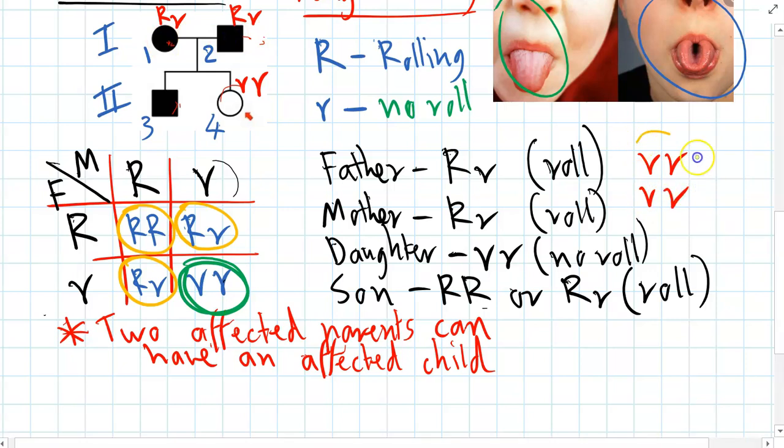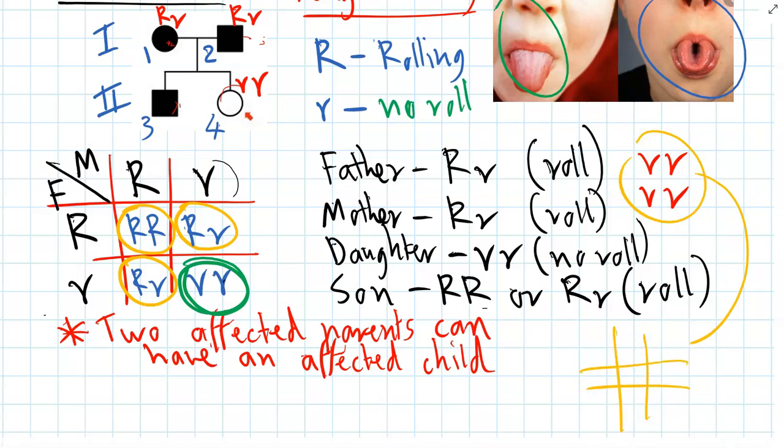And then, if we think about that Punnett square, if both the parents are homozygous for small r, then all their children have to be small r. There's no other possibility. So if we see this information in a pedigree, we can prove that a trait is dominant.